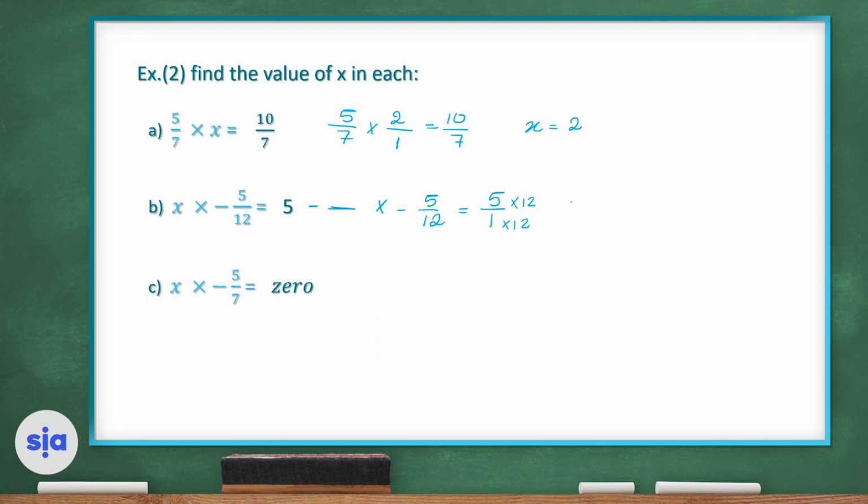So here it is a negative fraction, multiplied by negative 5 over 12 will give you 60 over 12. So in this case, here is the 1 and here is the 12. So for this question, x equals negative 12.